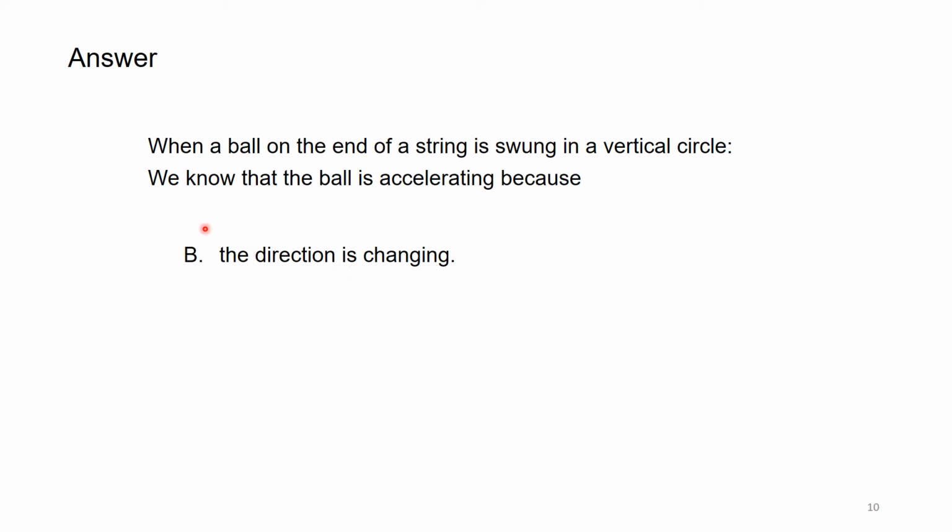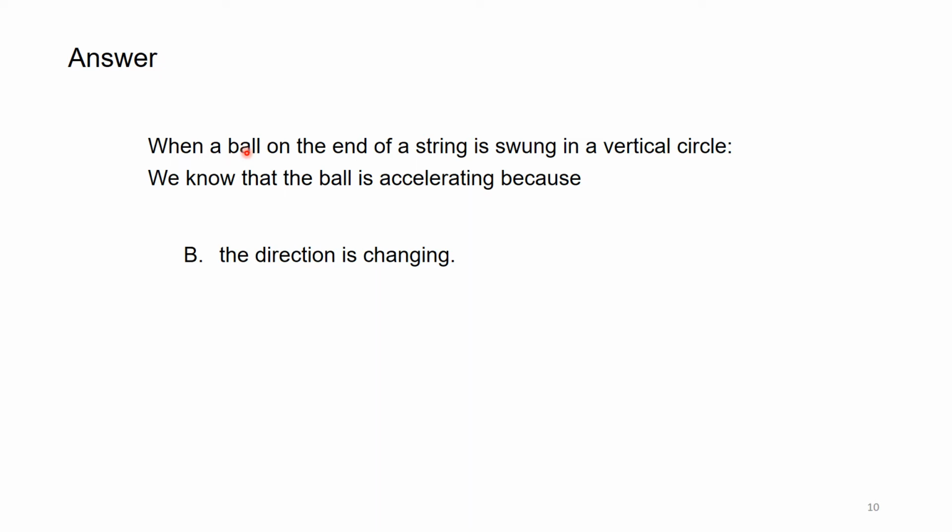However, let's think of option A and option C. Option C said both the speed and direction are changing, and that's also possible. It all depends on how fast you're swinging the ball. You could be swinging the ball in a way that it maintains a constant speed, and then the speed would not be changing and the direction would be changing, which would make answer B the right answer. However, you can also swing the ball in a way that both the speed and direction are changing.